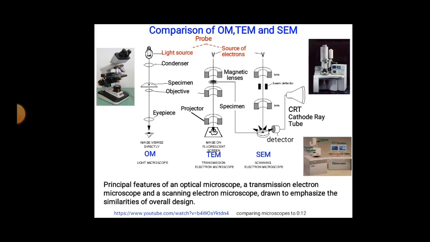Also, scanning electron microscopes are used in a majority of engineering operations. Now, in a scanning electron microscope, a surface to be inspected is scanned by a beam of electrons and an image is produced.